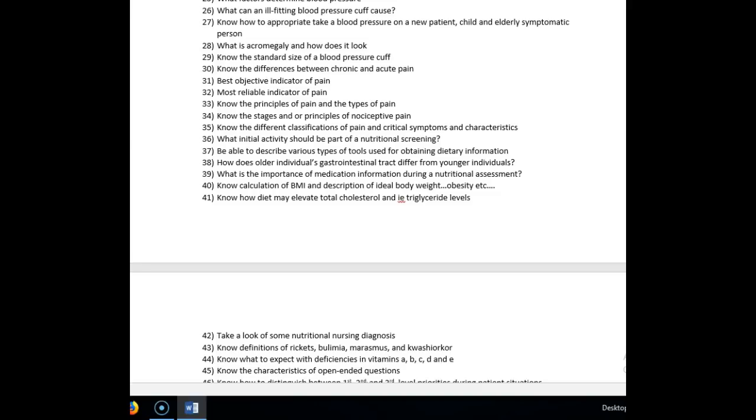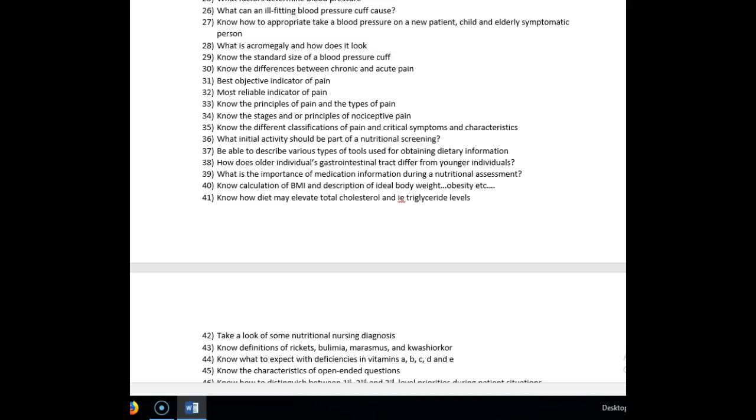How does an older individual's gastrointestinal tract differ from a younger individual's? I know that probably seems like, okay, where did she get that from? Basically, I just want you to start thinking about older people, because I want you to start thinking about how as you get older, things tend to slow down.